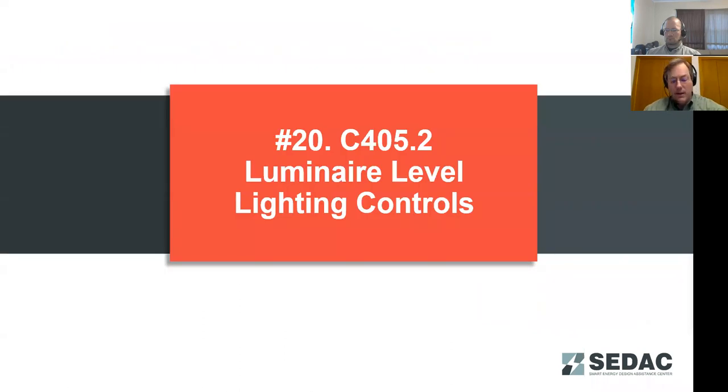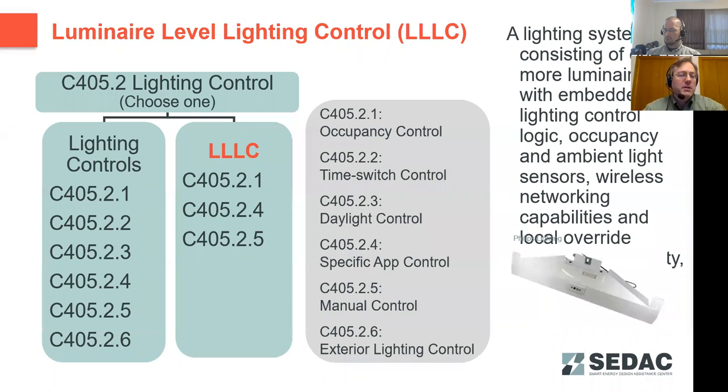If you don't want to go through the large control systems, there is the opportunity to use luminaire level lighting controls. So rather than dealing with occupant sensing controls, time switch controls, daylight controls, and all of these others, one can just use luminaire level lighting controls.